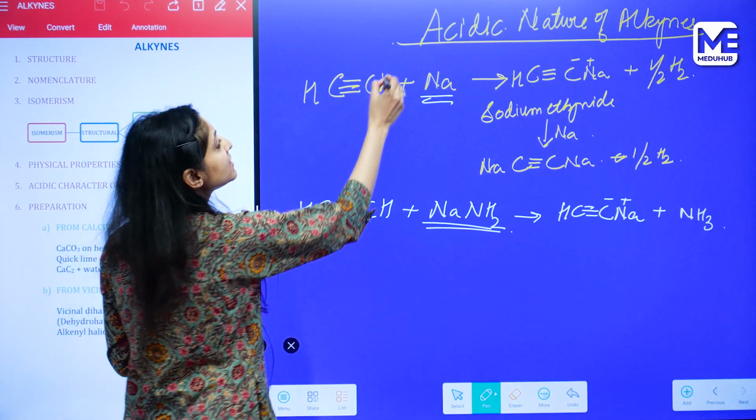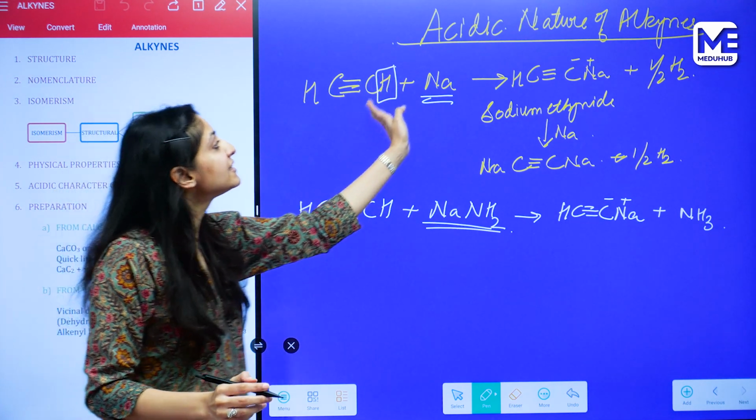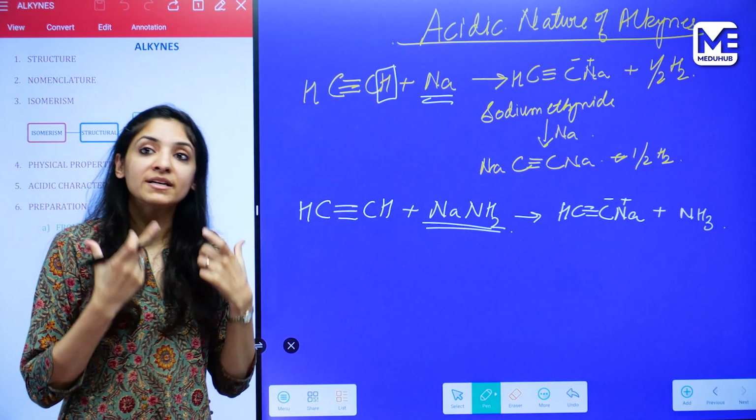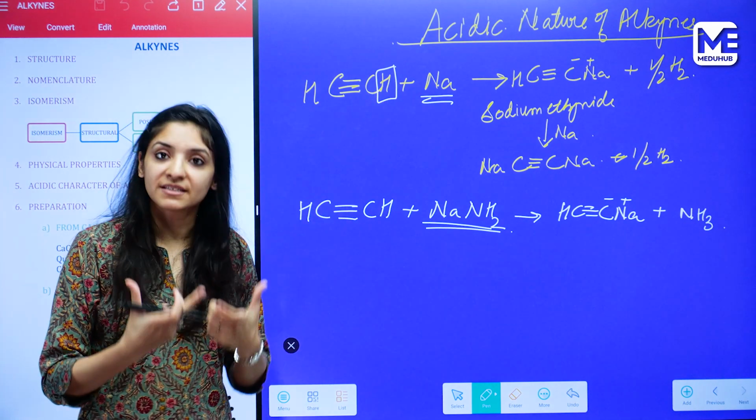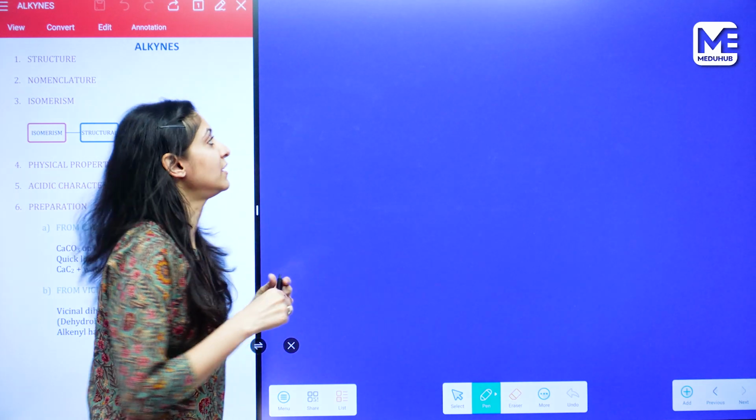Why is it that this hydrogen in alkynes can be so easily displaced by sodium? What is the reason that this hydrogen is acidic in nature? That can be seen very clearly from the structure of alkynes.